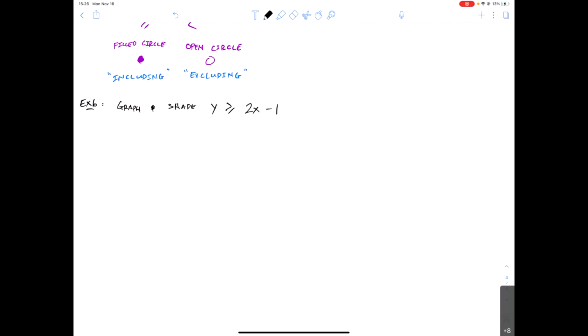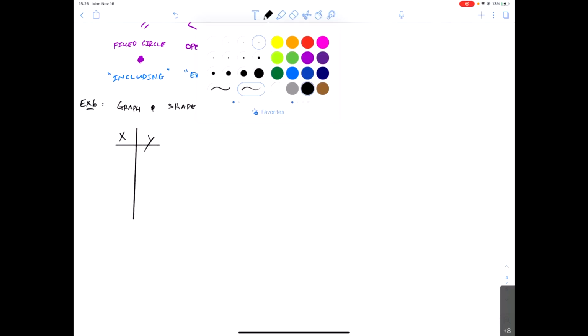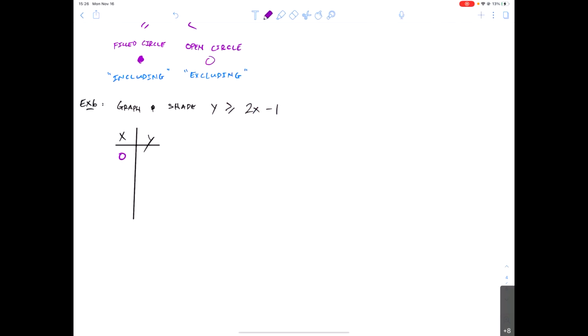So you have your x coordinate, your y coordinates, and you pick a couple of points. So I'll choose an easy one first. I'll choose 0. Plug in 0 for x. Out comes, what is it, -1. Someone give me another number. Pick a random number.